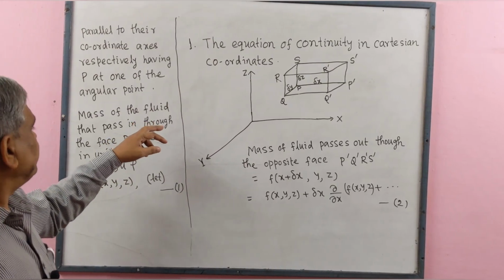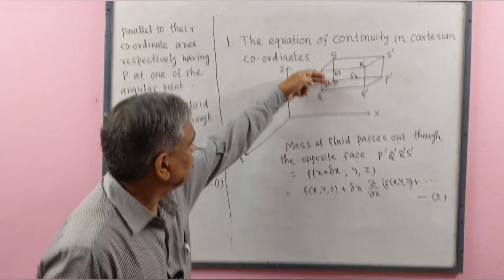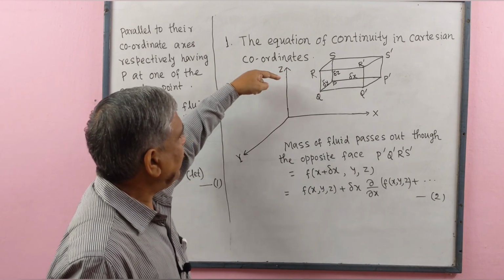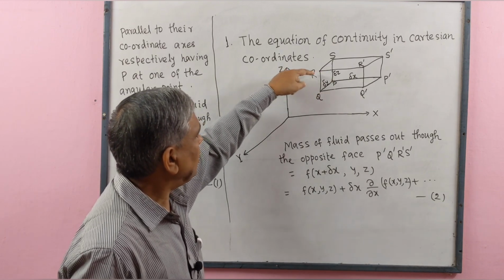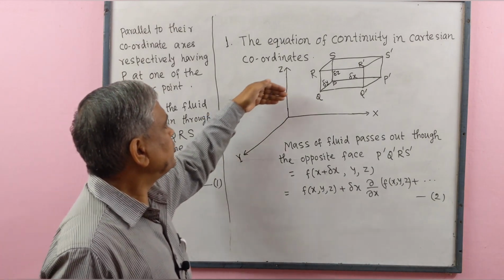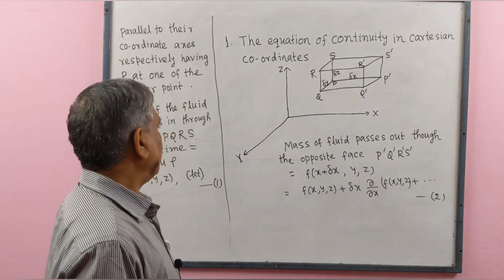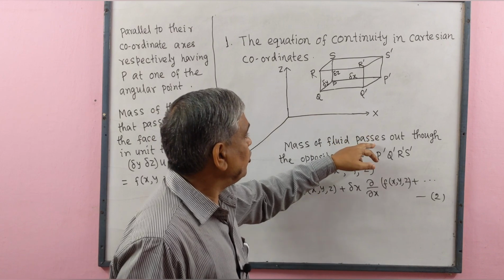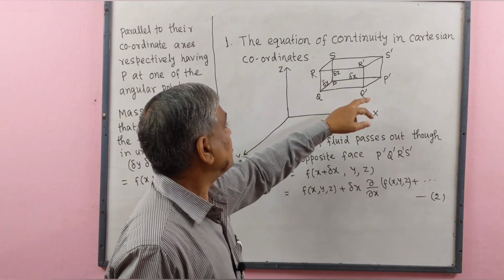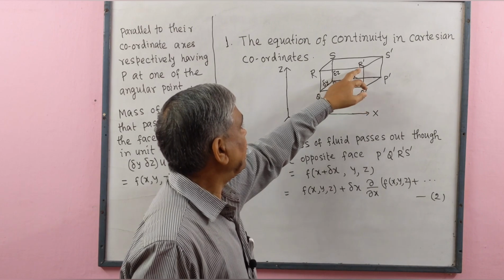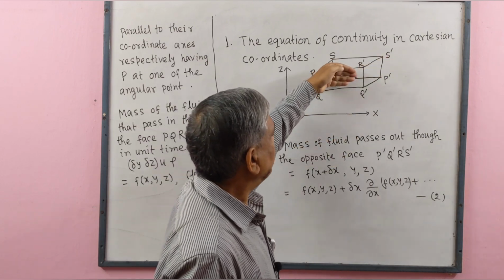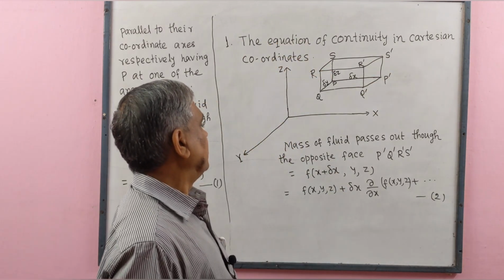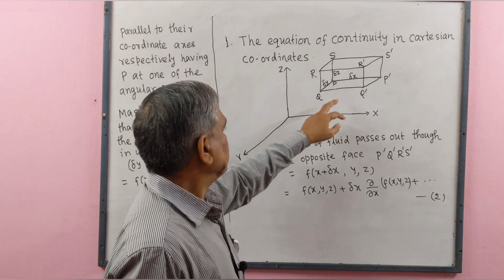The fluid enters this face PQRS, then it moves along the x-axis, and the mass of the fluid passes out through the opposite face P prime, Q prime, R prime, S prime. Here the fluid passes out, here the fluid passes in. Similar to number 1.